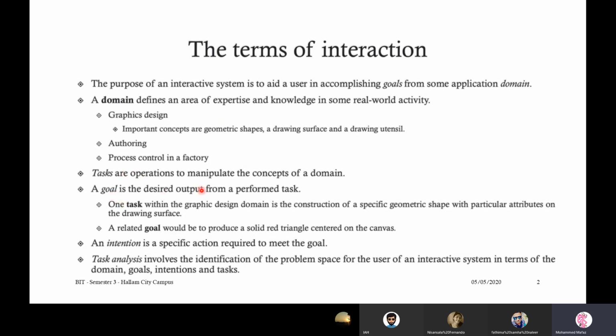Goal is the desired output from a performed task. The moment you start doing each task, you are trying to achieve your goal, right? So one task within the graphic design domain is the construction of a specific geometric shape with particular attributes on the drawing surface. So that might be a task. So the related goal would be to produce a solid red triangle centered on the canvas.